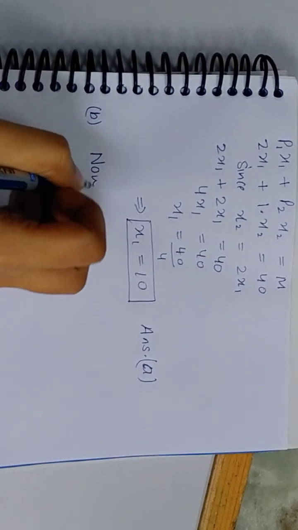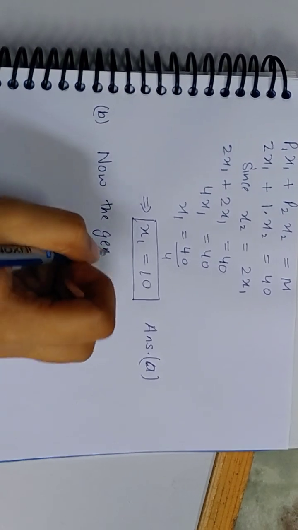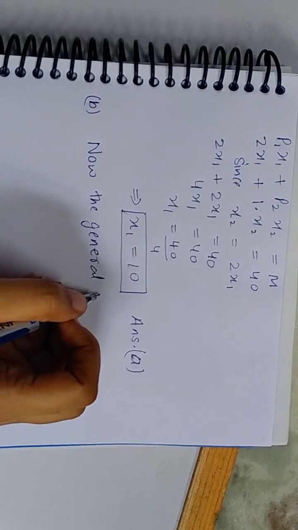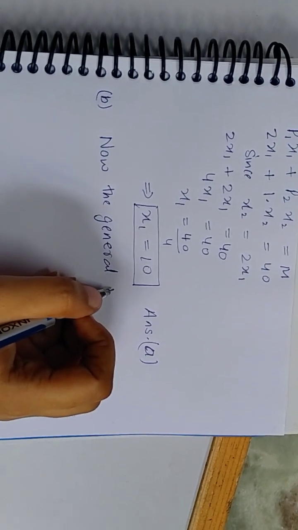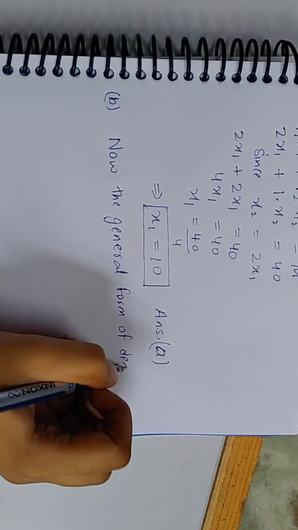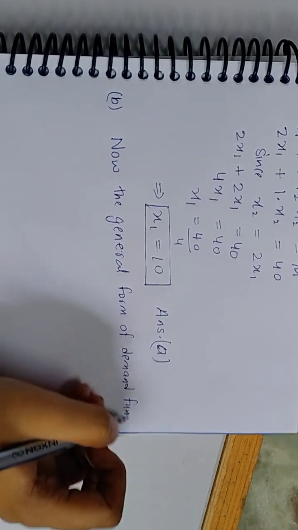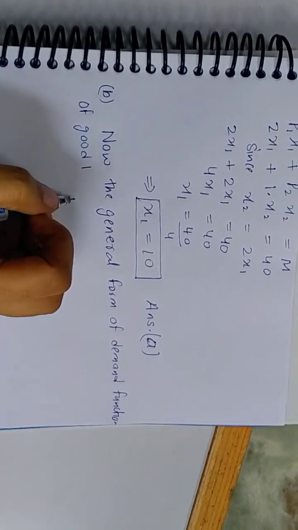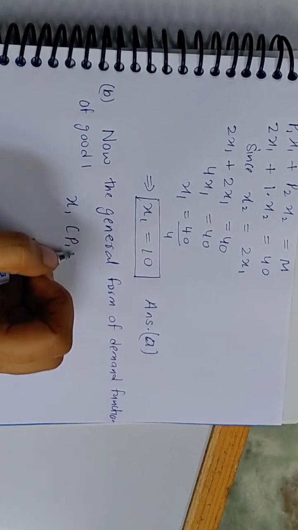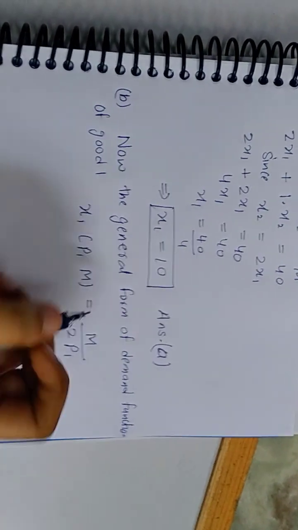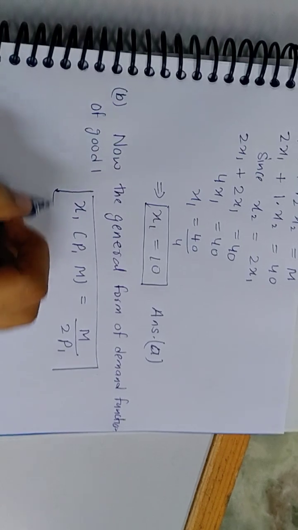The general form of the demand function in case of a Cobb-Douglas utility function can be written in the following standard form. This would be the general function.